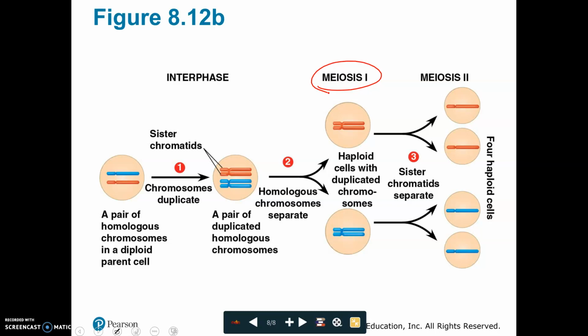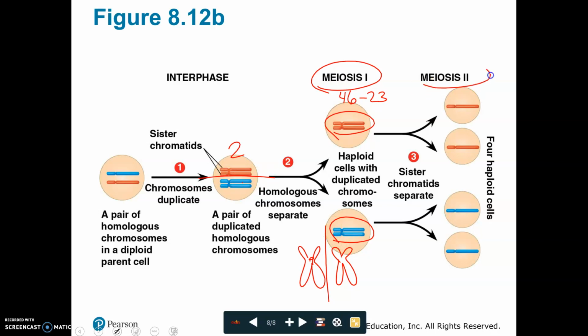And instead of the chromatids splitting in half, in other words, the X's are not going to split in Meiosis I. The partners are going to split in Meiosis I. And so in Meiosis I, you're actually going to go from 46 chromosomes down to 23. In this cell, we started with 2 chromosomes, and at the end of Meiosis I, each cell only has 1 chromosome. So the pairs split.